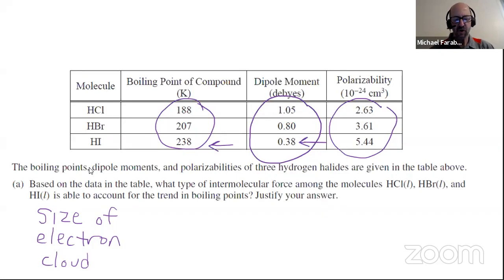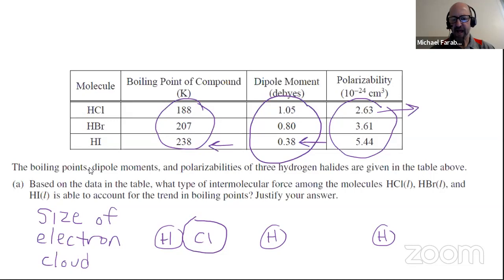So if I were to go ahead and draw hydrogen, which is a relatively small atom, and let's say it's bonded to chlorine. I'm going to draw chlorine as a little bit bigger. It has a certain polarizability. Now, I have other polarizabilities here. This is HCl, HBr, and HI.